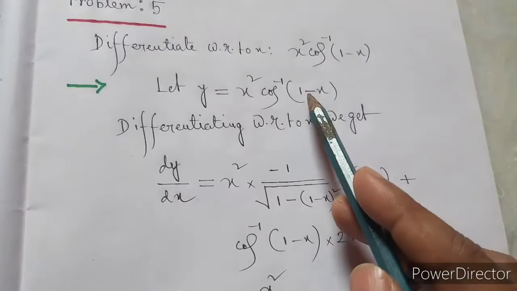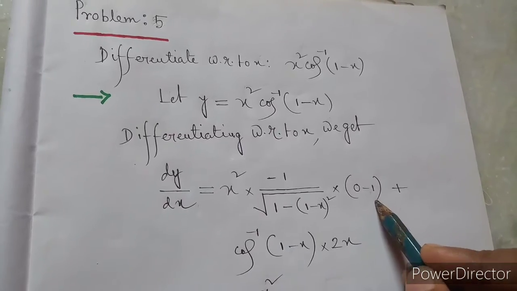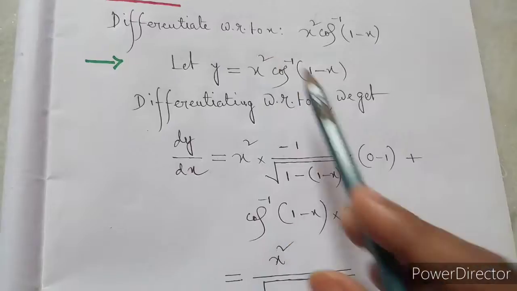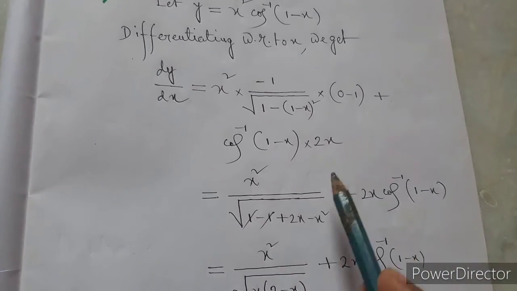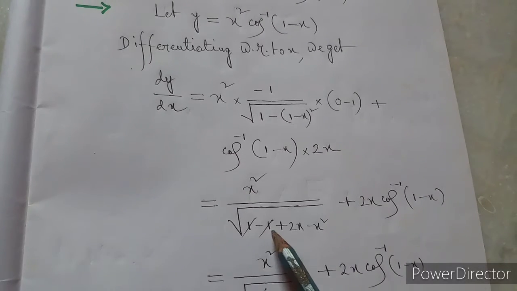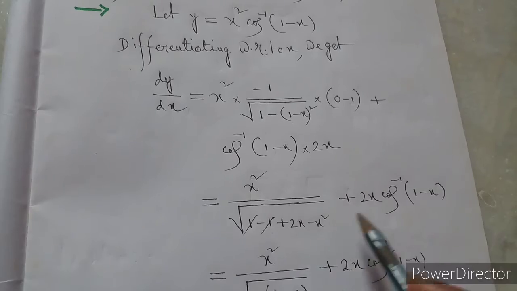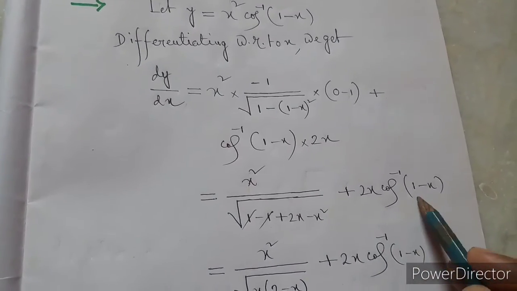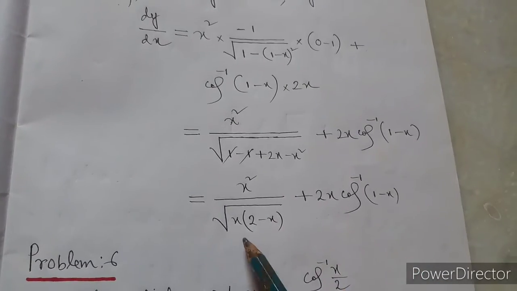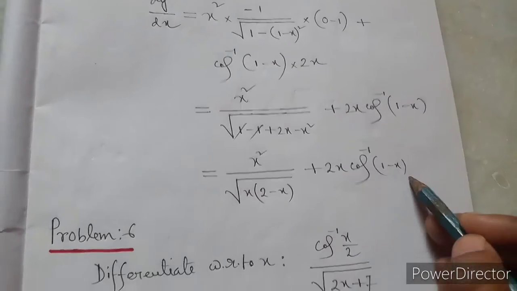And again according to the chain rule, the derivative of 1 minus x is minus 1, plus cos inverse (1 minus x) is constant and the derivative of x square is 2x. After simplification we get x square by root under 1 minus 1 plus 2x minus x square, plus 2x into cos inverse (1 minus x). So 1 cancels out, and the answer is x square by root under x into (2 minus x) plus 2x into cos inverse (1 minus x).